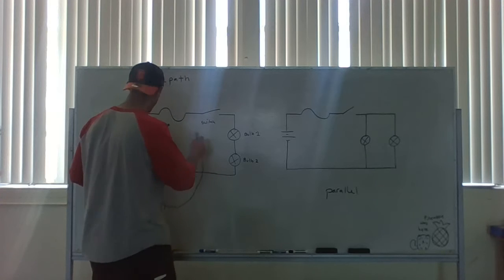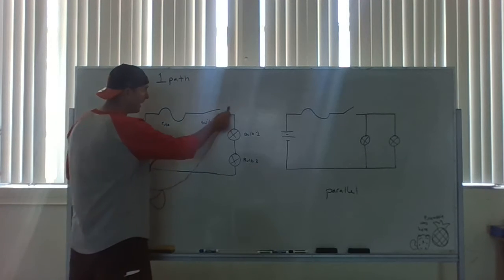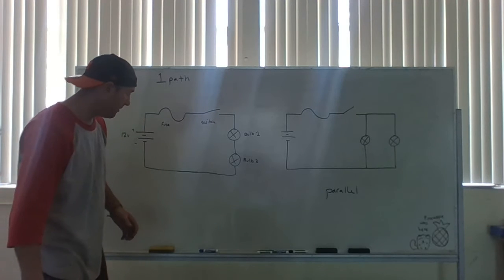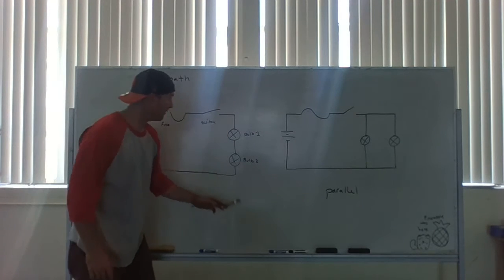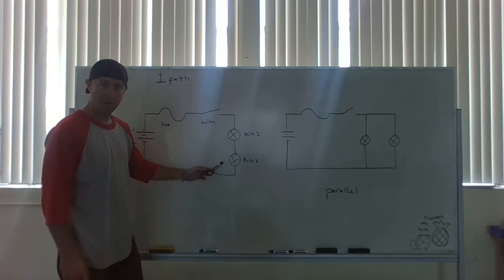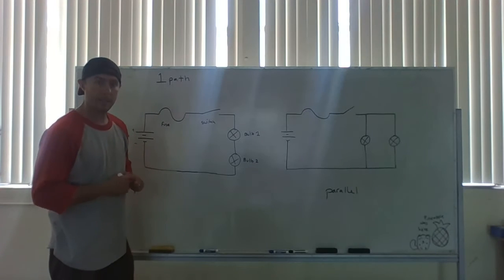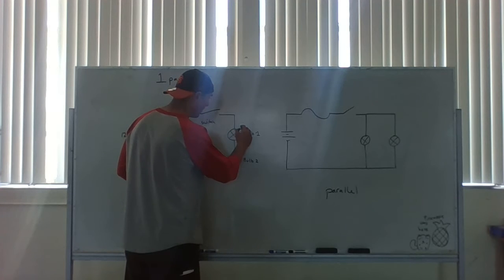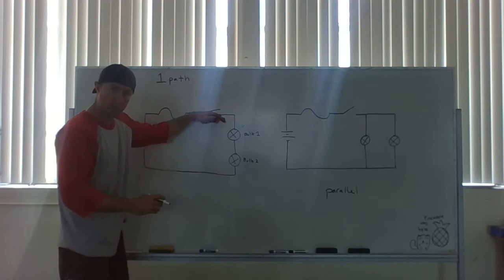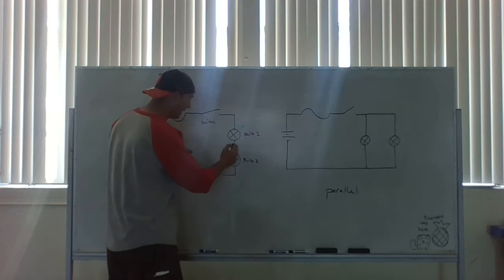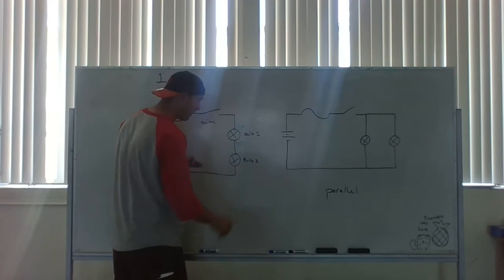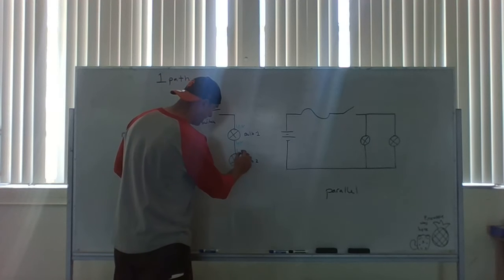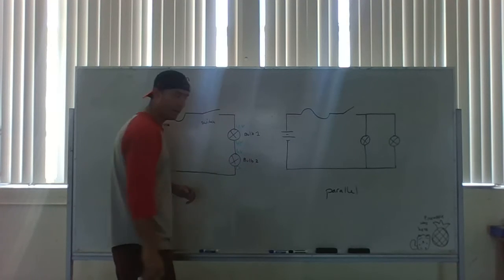And so since I started with 12 volts here, I'm expecting 12 volts right here. Now, because I have a series circuit and I have two bulbs in that circuit, it's going to cut that in half. Assuming my switch was closed, I'll measure 12 volts right here and I'll measure 6 volts right here. Then for my next bulb, I'll measure 6 volts right here and 0 volts right here.